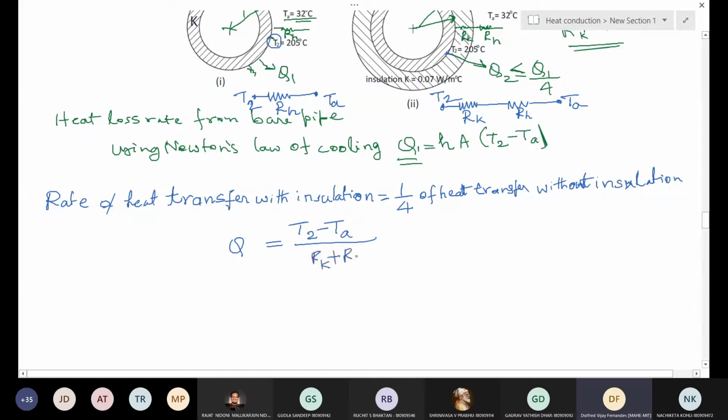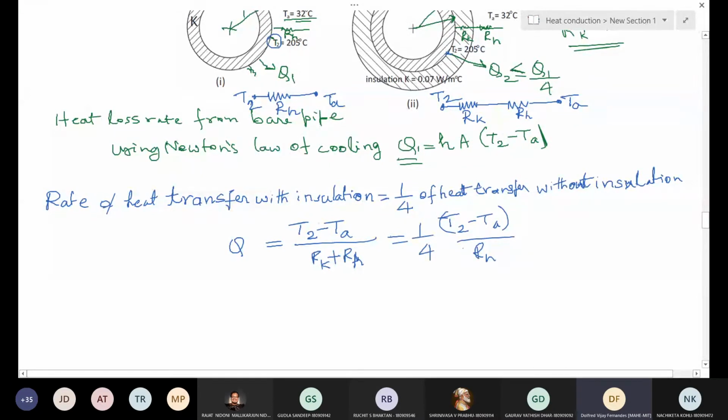Okay, RK plus RH, and then that should be equal to 1/4 of T2 by RH. Yeah, that temperature difference is the same, T2 minus TA divided by only RH.